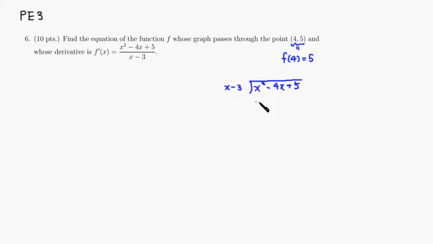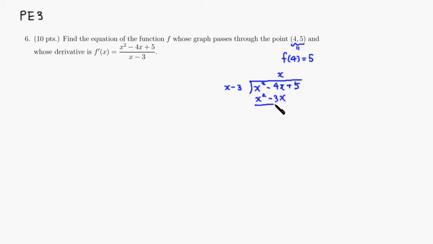Pay attention to the leading term, which is x squared. How many x's can we squeeze into x squared? It'll be x. So x times x is x squared, and x times negative 3 is negative 3x.